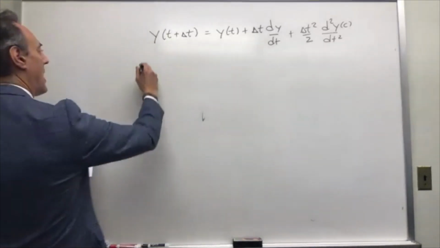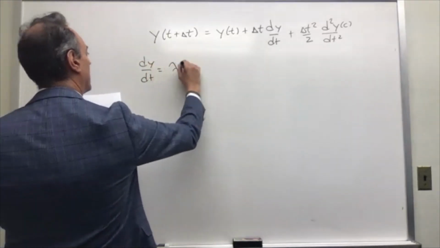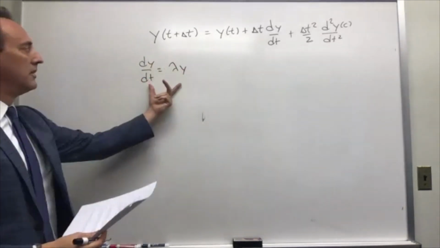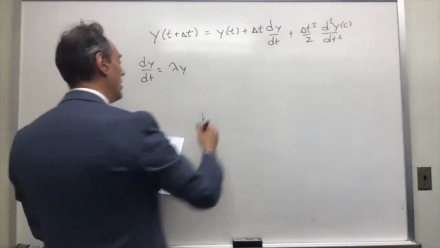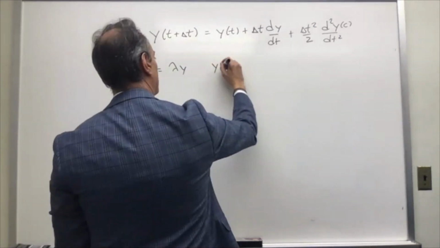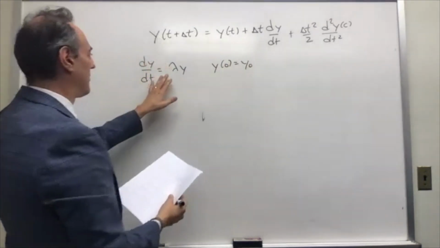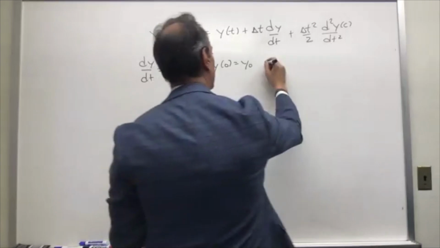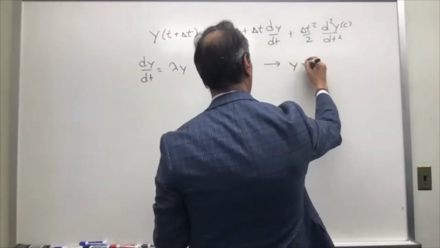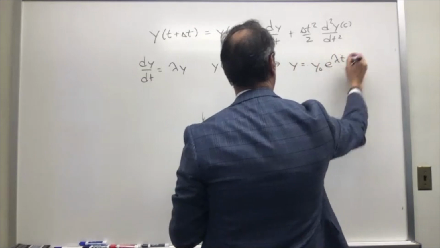So consider the following. Here is the simplest case to consider. There is a first order differential equation, let's say with some initial condition, y0. And by the way, if this is the differential equation and there's the initial condition, the solution is trivial to get, which is y equal to y0 e to the lambda t.